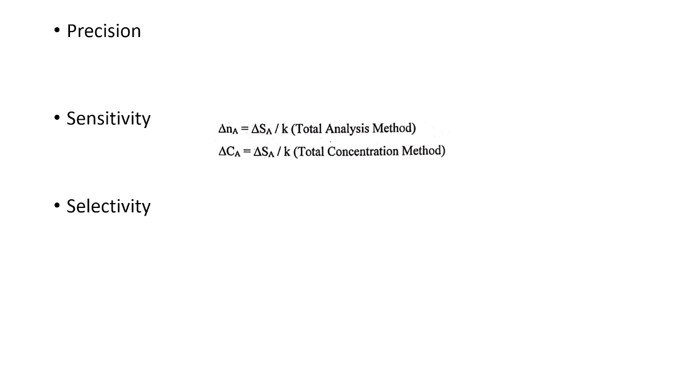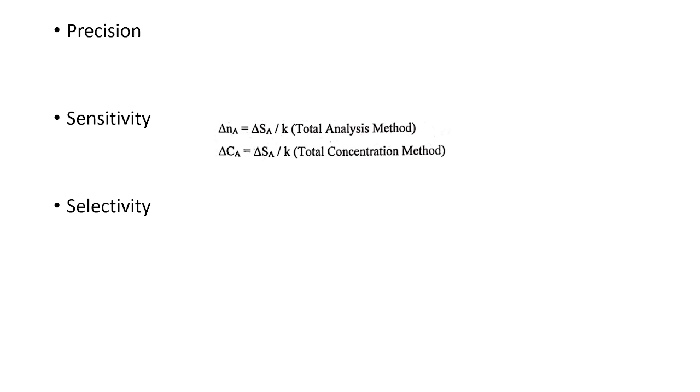Here nuisance is called interference. Suppose your method is applicable not only for iron but for copper also, then the measured values or signals will contain signals from the iron as well as copper. That is called an interference. It means your method is applicable for the desired analyte as well as the interfering material.